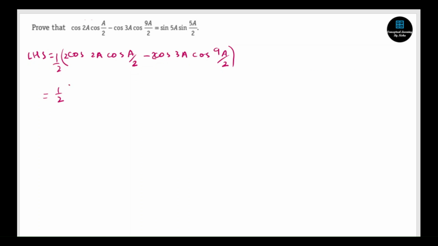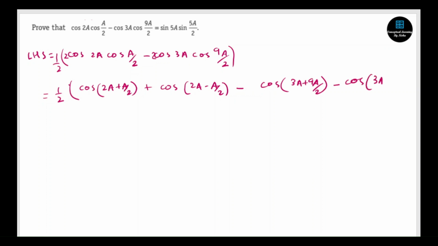Now here I can say that this is a sum of cos(A+B) plus cos(A−B). So cos(2a + a/2) plus cos(2a − a/2), and for this again the same thing: cos(3a + 9a/2) minus cos(3a − 9a/2), bracket close.